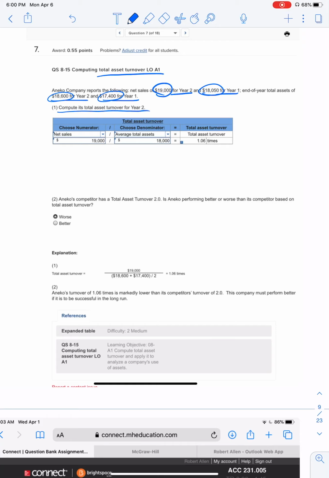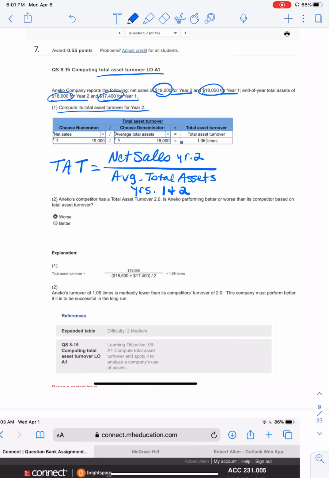So the formula for total asset turnover, which I'm going to abbreviate as TAT, will equal my net sales in year 2 divided by my average total assets for years 1 and 2.